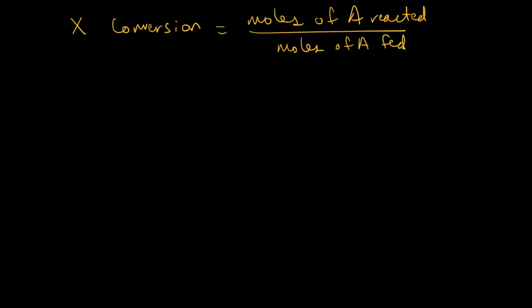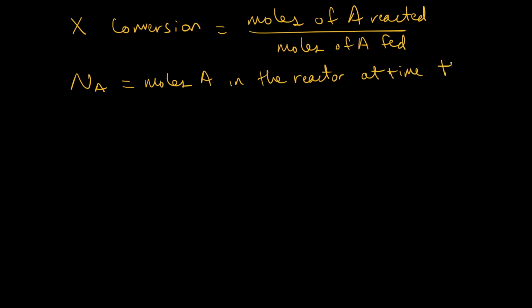So that's the number of moles at the initial time point. So we can write that as, let's say, NA is the number of moles in the reactor at time t. So at some point in time t, the number of moles of A does change with time. We're going to define NA0 as the moles of A at the starting point.